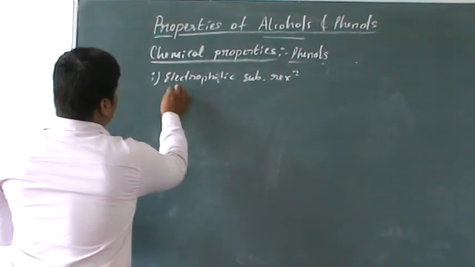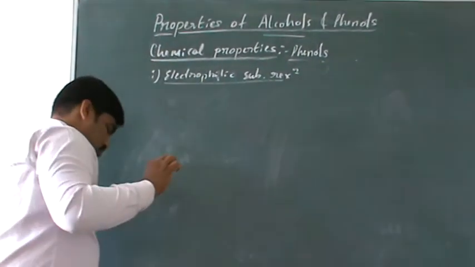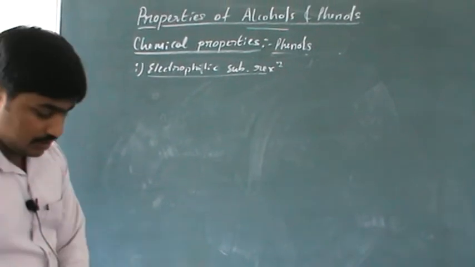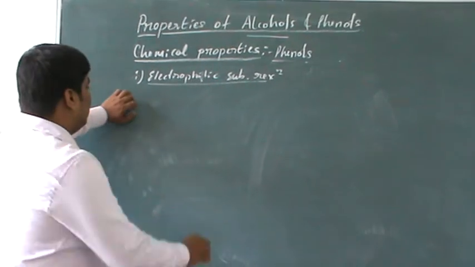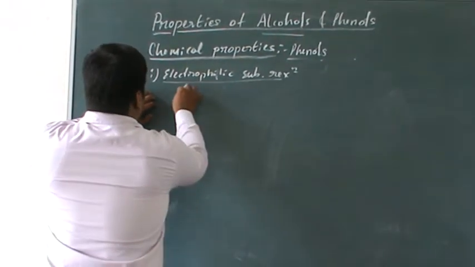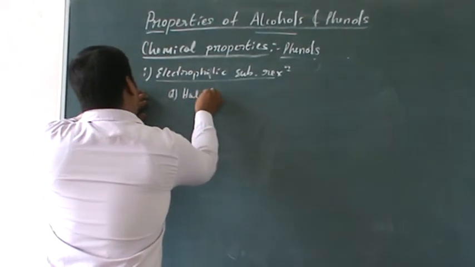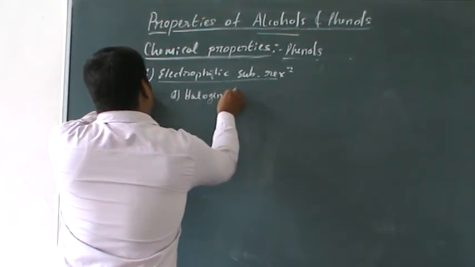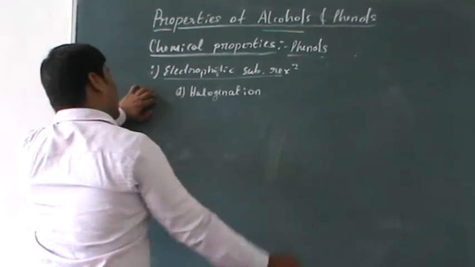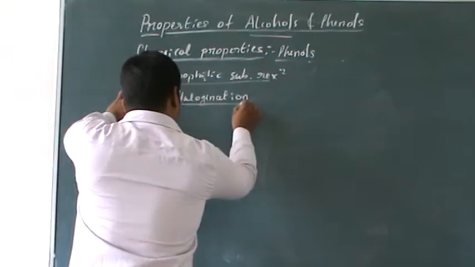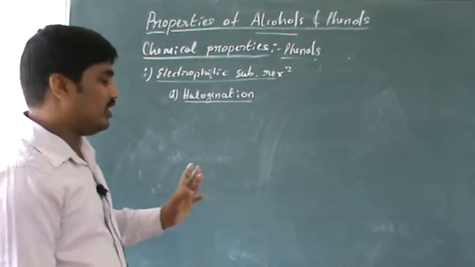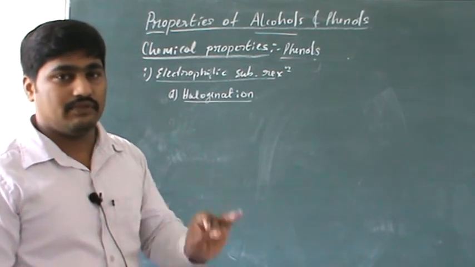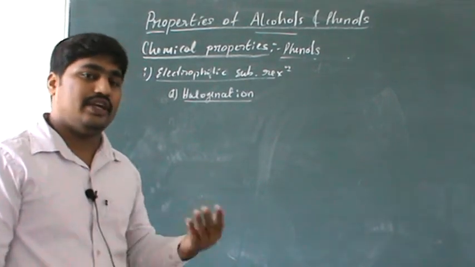Can anybody give the electrophilic substitution reactions? The first electrophilic substitution reaction is halogenation. There are four important electrophilic substitution reactions: halogenation, nitration, sulfonation, and Friedel-Crafts alkylation and acylation.